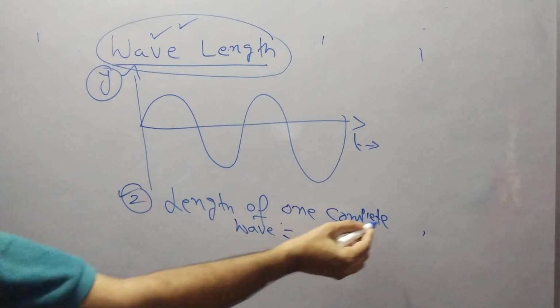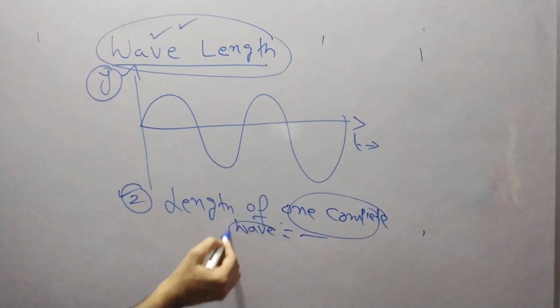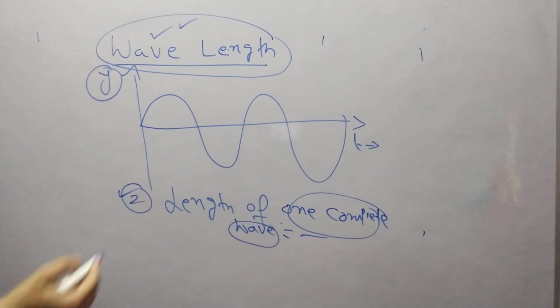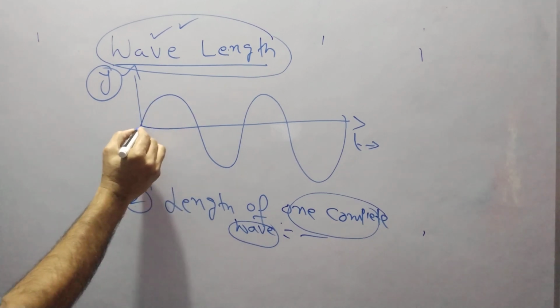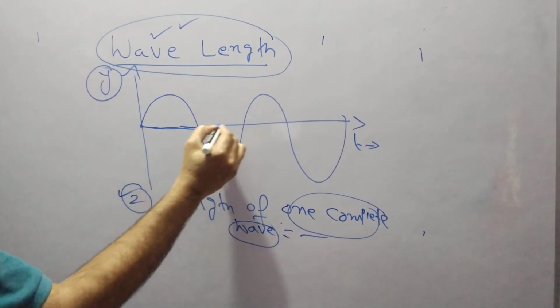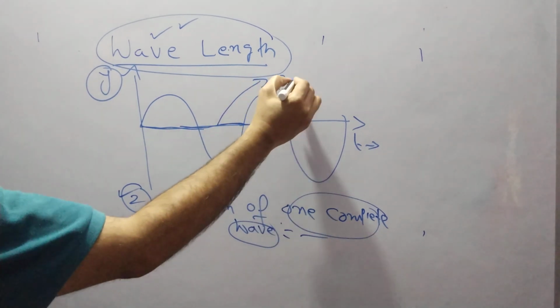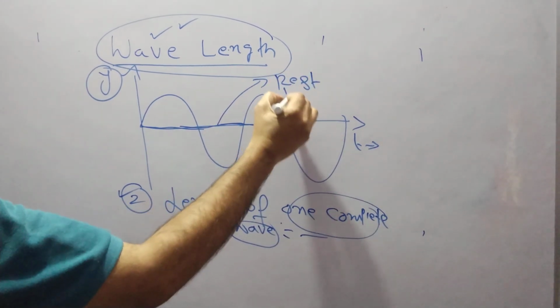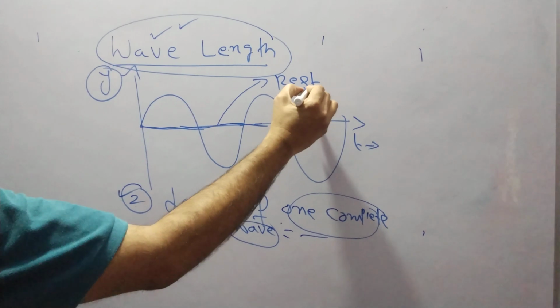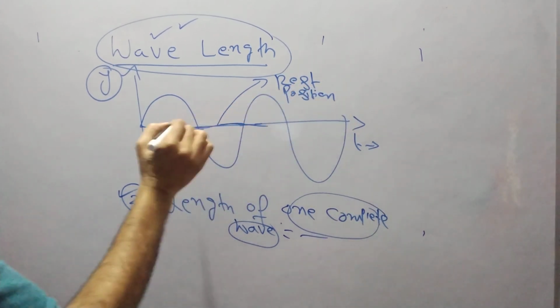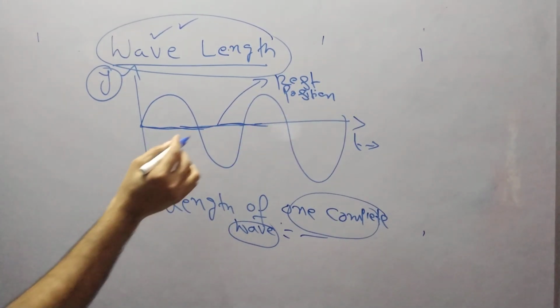So what is one complete wave? This is the rest position or mean position. This line is known as rest position. Another name, mean position, also we can say, right?